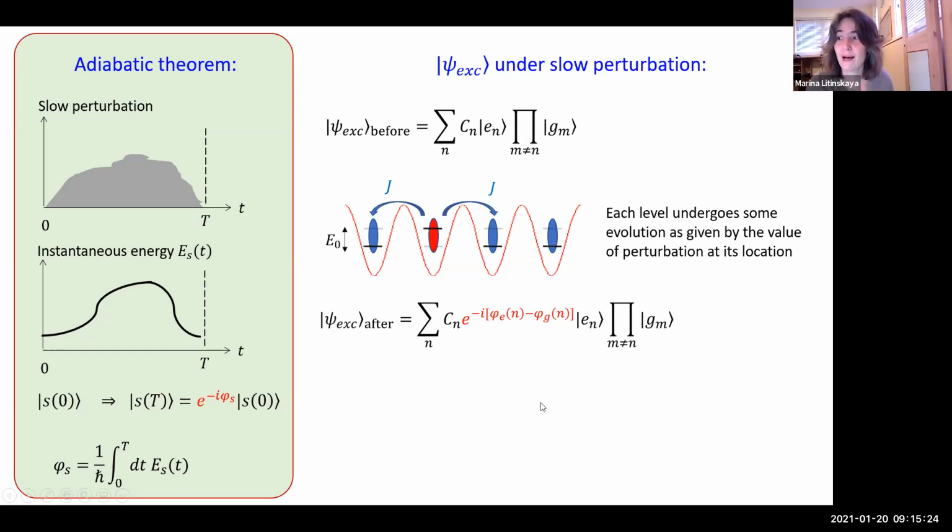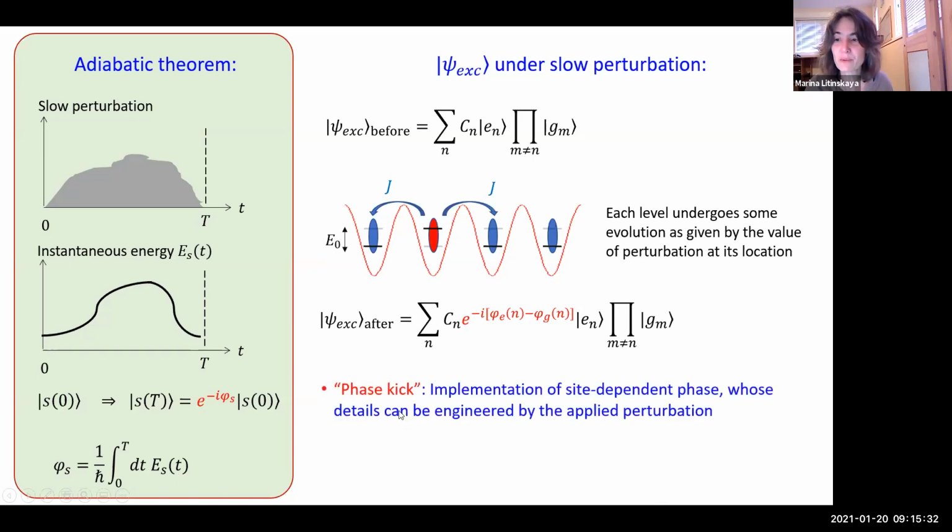So we can change the phases of individual molecules. And this is what is called phase kick. By an external perturbation, by an external electric field, we can implement a site-dependent phase imparted on the excitonic wave function, and the details of this phase will depend on the perturbation.